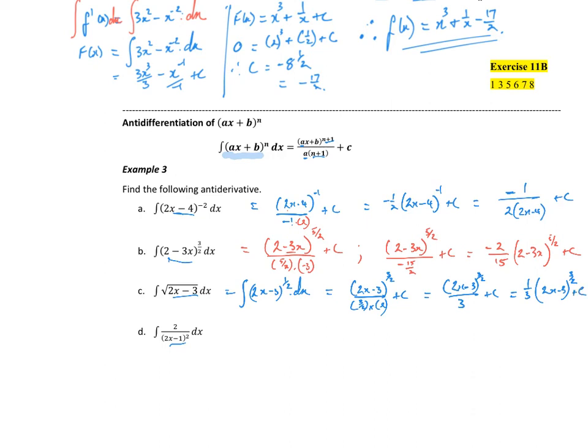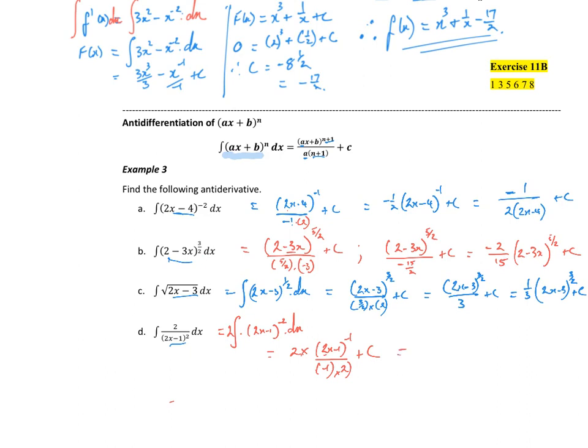Last one, again, rewrite as an integral. I might bring the 2 out the front, and that gives me 2x minus 1 to the negative 2 dx, which is equal to 2 times the antiderivative: 2x minus 1, add 1 to the power, which is negative 1, over negative 1 times the coefficient of x, which is 2, plus some c.